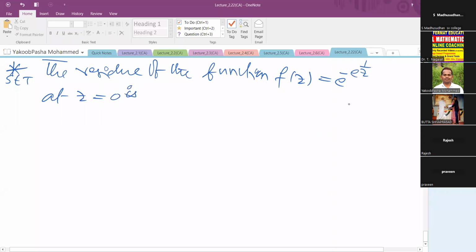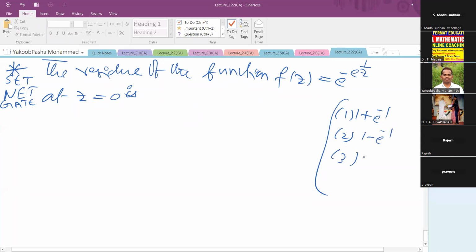We have options here. Of course, it is a NET question and also a GATE question. But the options are different. Commonly there is only one option: 1 plus e power minus 1, 1 minus e power minus 1, e minus e power minus 1, fourth option e power minus 1. These are the 4 options we have.